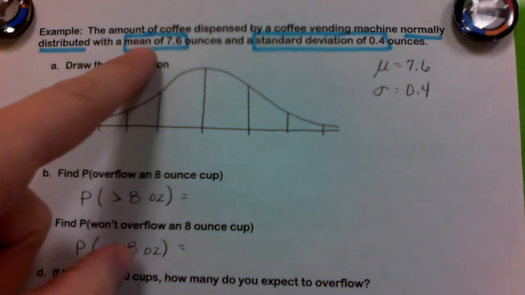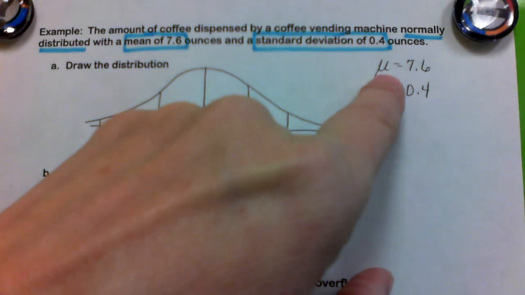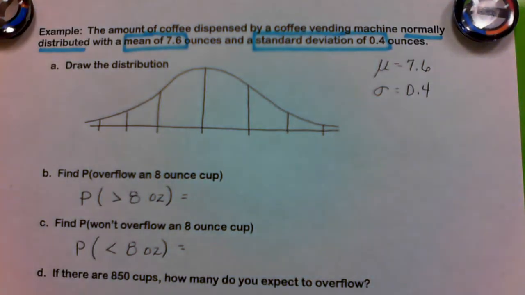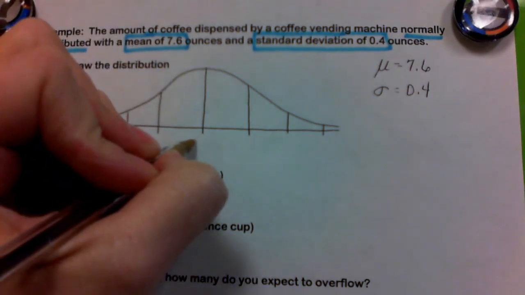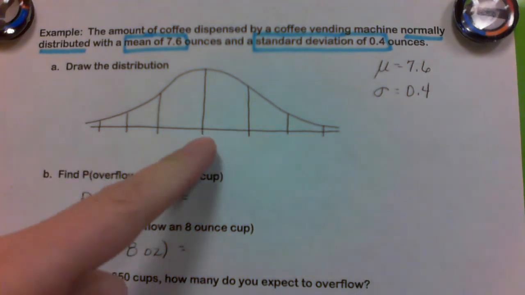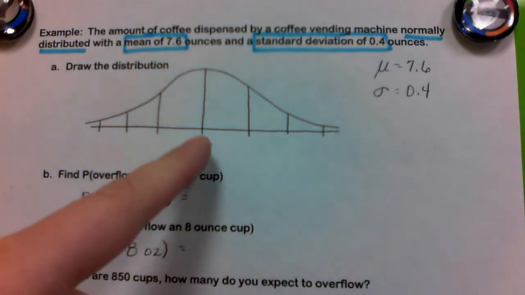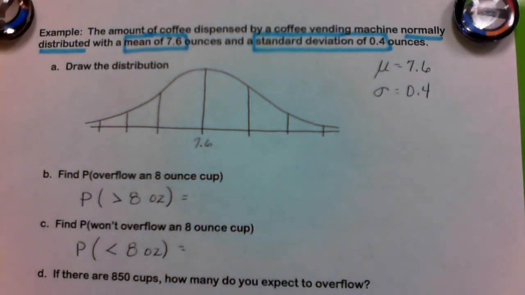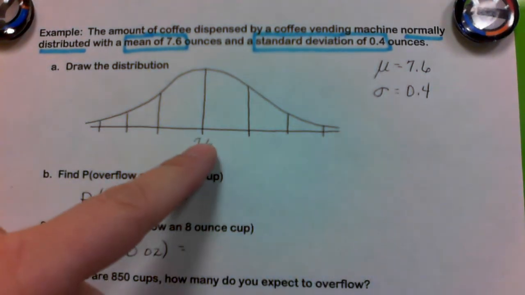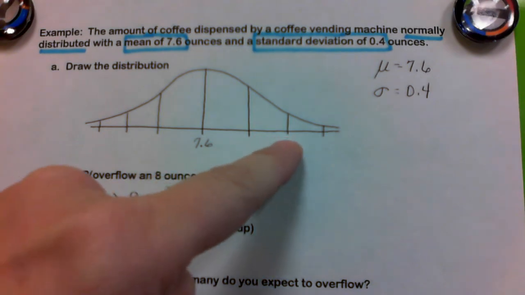It tells us that we have a mean, or mu, population parameter. Mu equals 7.6 ounces. So that tells me mu, which is right here, is 7.6 ounces. That is the average. Anything to the right would be above average, anything to the left would be below average. And it has a standard deviation of 0.4. So remember, as we go to the right, we add 0.4.